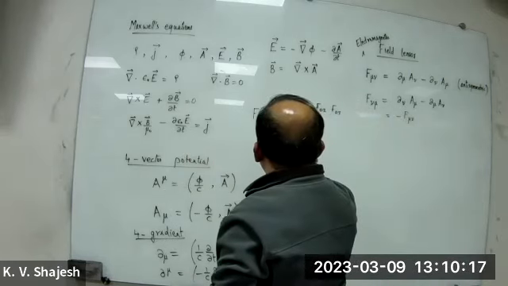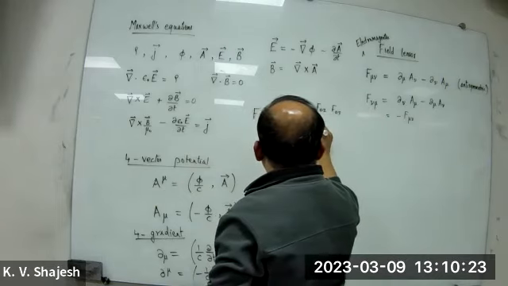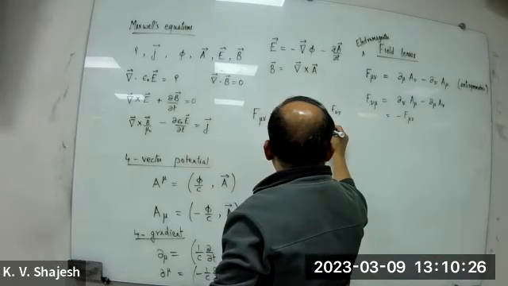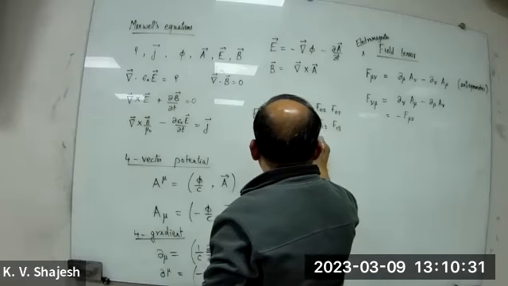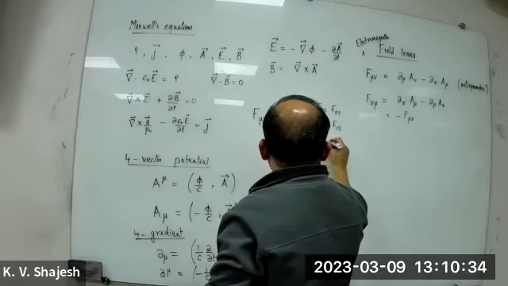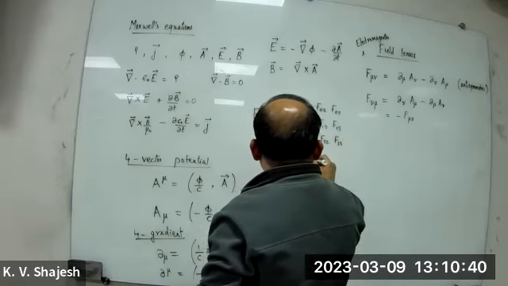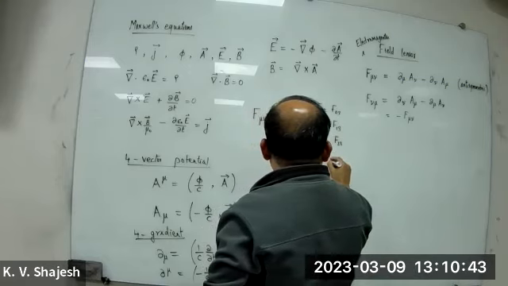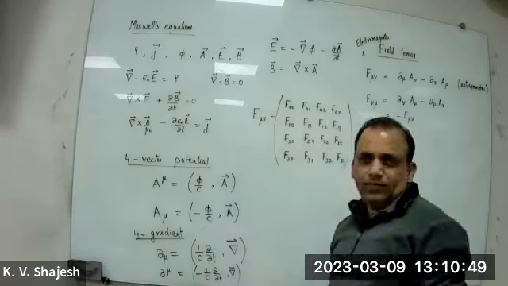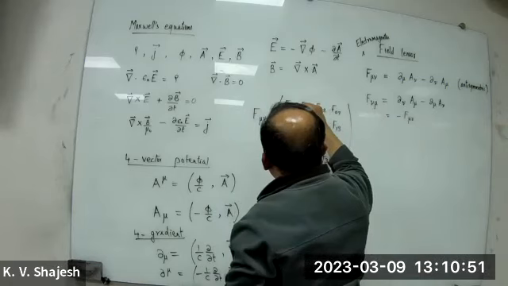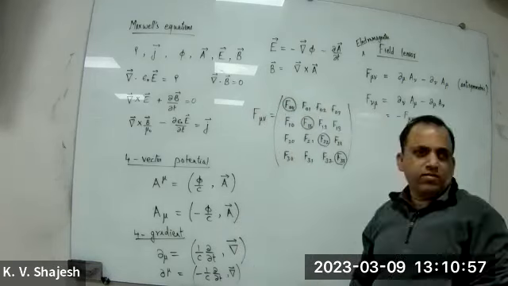If I were to write this specifically, this is F10, F11, F12, F13, F20, F21, F22, F23, F30, F31, F32, F33. Okay. Notice this is 0. That's 0. That is 0. That is 0.